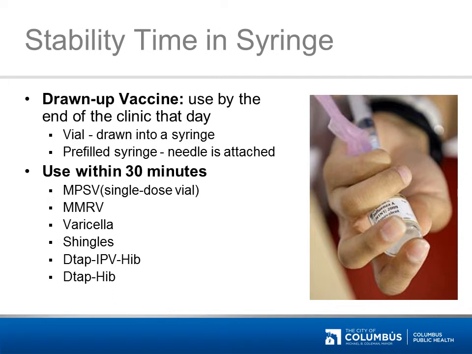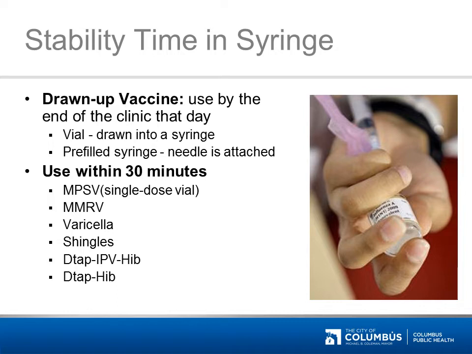Another administration consideration is the stability time in a syringe. Some vaccines are stable longer than others once they are drawn up. A vaccine is considered drawn up once it is drawn from a vial into a syringe, or, in the case of pre-filled syringes, once a needle is attached to the syringe. The CDC recommends using all drawn-up vaccine by the end of the clinic day.